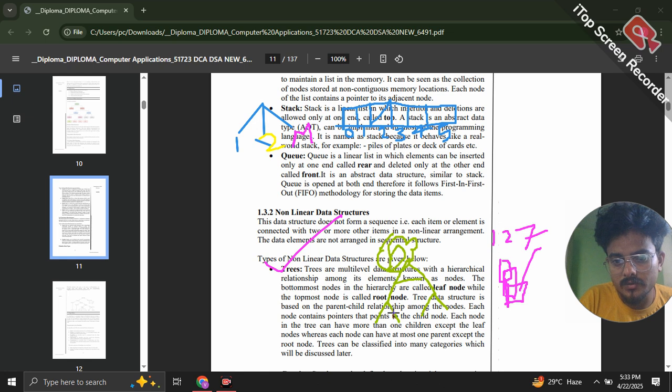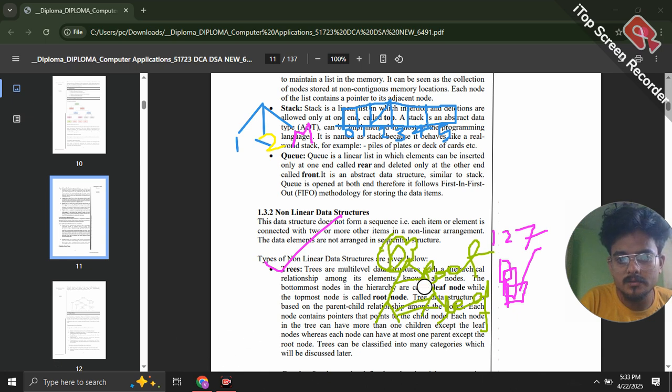This is leaf. This is called leaf node. This is called root node.